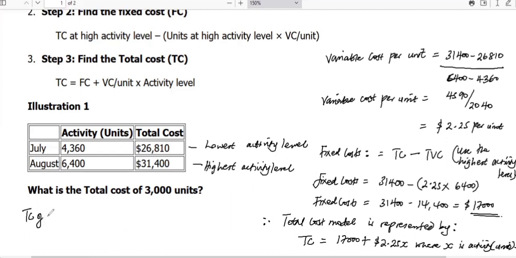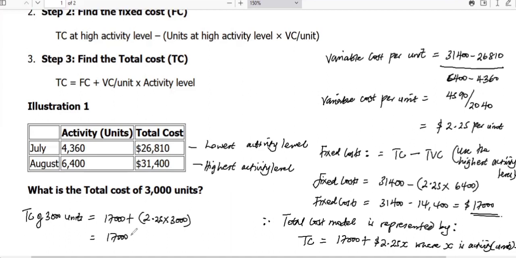So total cost of 3,000 units equals the fixed costs, which is 17,000, sorry. Fixed costs we have 17,000 plus the total variable costs at 3,000 units, which we can compute by getting the variable cost per unit of 2.25 times our x, which are the units of 3,000 units.